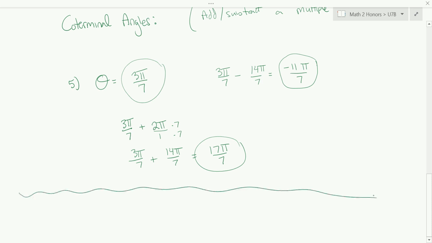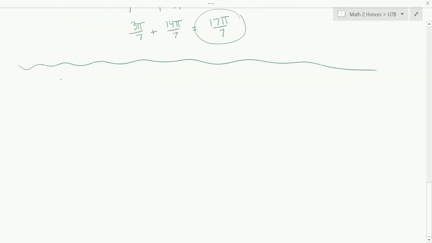The next thing we need to apply radians to, and really important to find this one, is reference angles.